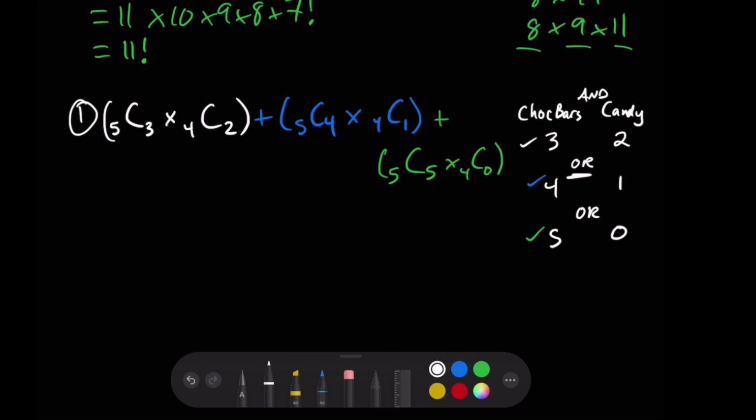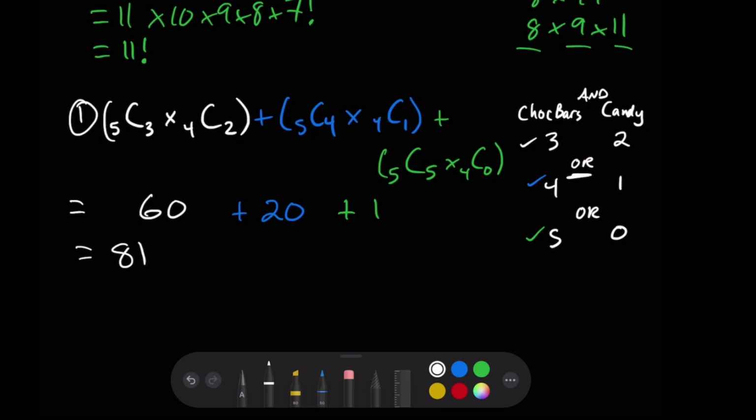And now it's just a matter of evaluating. So let's do the math. 5 choose 3, times 4 choose 2 is going to be equal to 60. Plus 5 choose 4 times 4 choose 1 is going to be 20. Plus 5 choose 5 is 1, and 4 choose 0 is 1. So 1 times 1 is 1. So therefore, there are going to be 81 ways of choosing our candy bars.